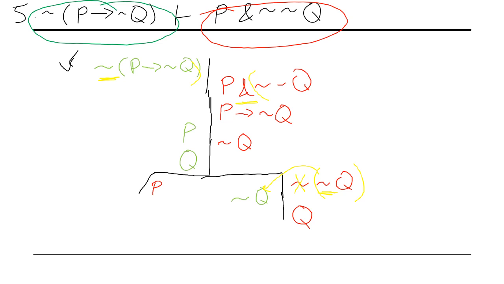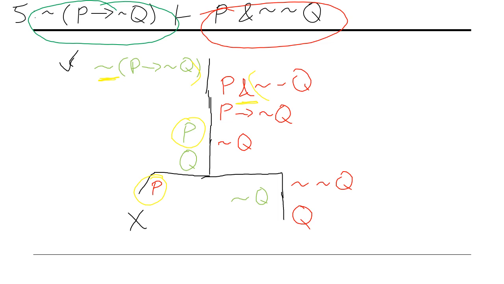So we can go back through and look for contradictions. Try to erase some of this stuff. So we have a P on the left, or sorry, P on the right, and a P on the left. That's going to close that one off.